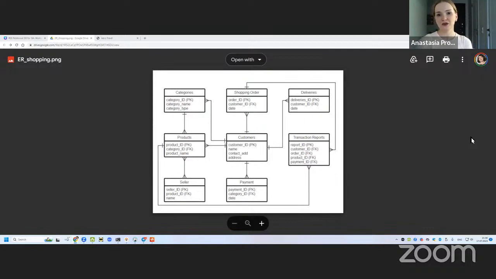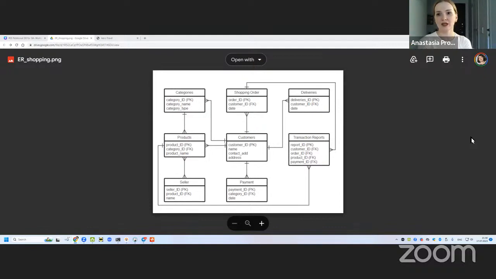First of all, we have a lot of misunderstandings. We can start from the connection between deliveries and the shopping order. It tells the story about buying and selling, the relationship between stores and customers.